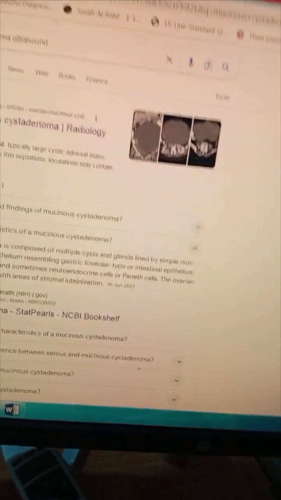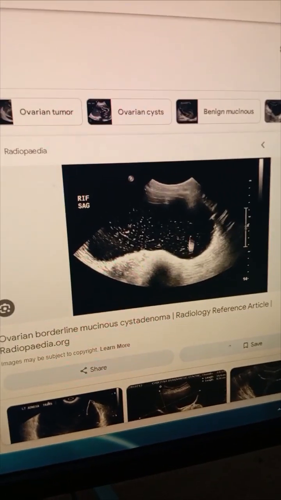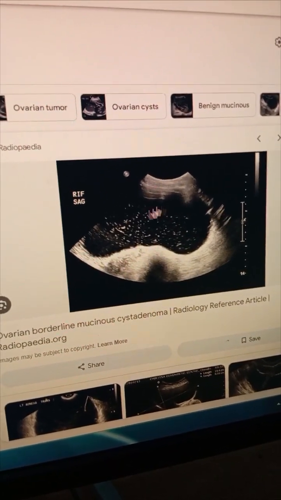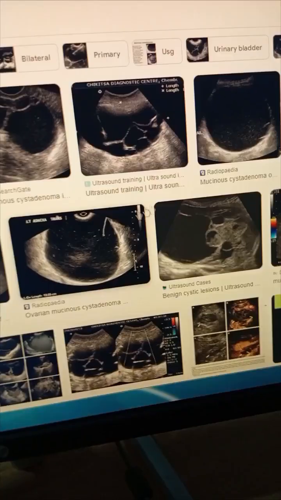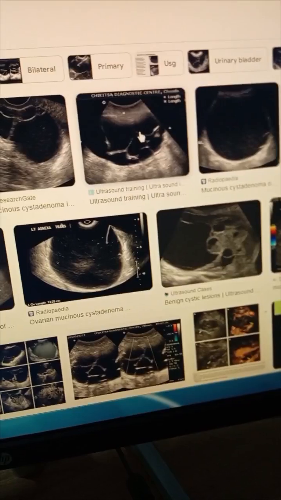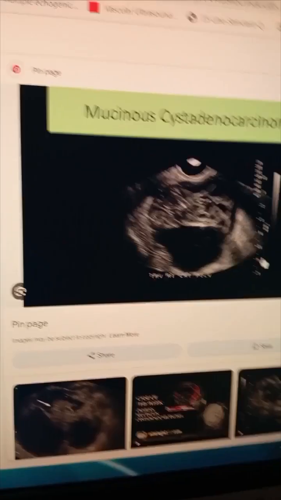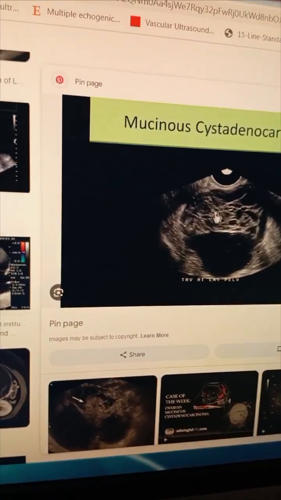So here is the mucinous cystadenoma, echogenic foci, irregular. Here is the multilocular cyst. Now see these multiple septations.